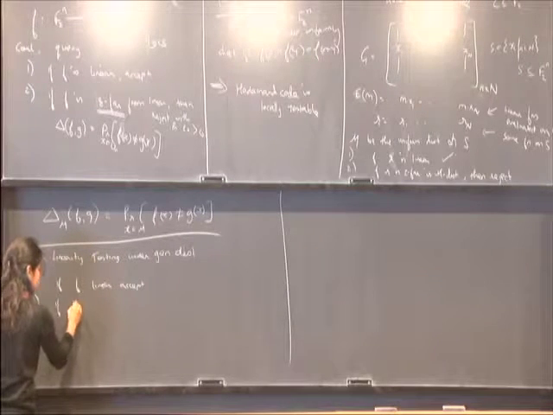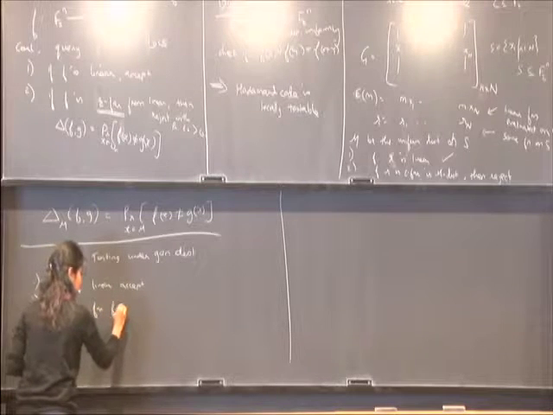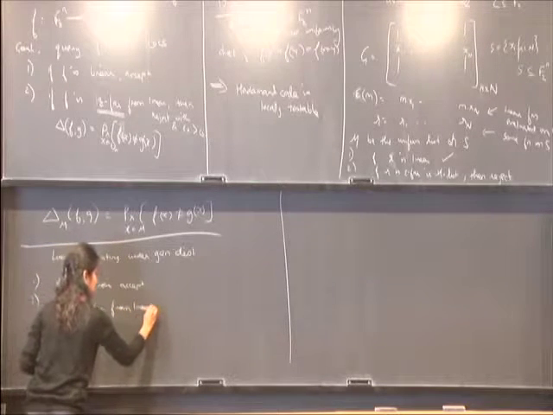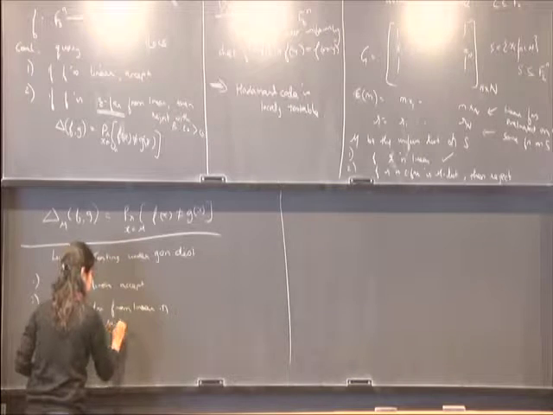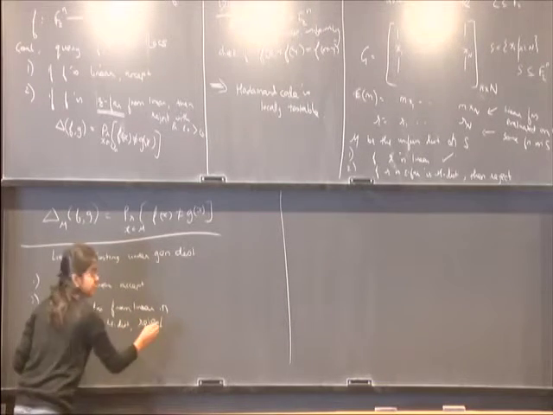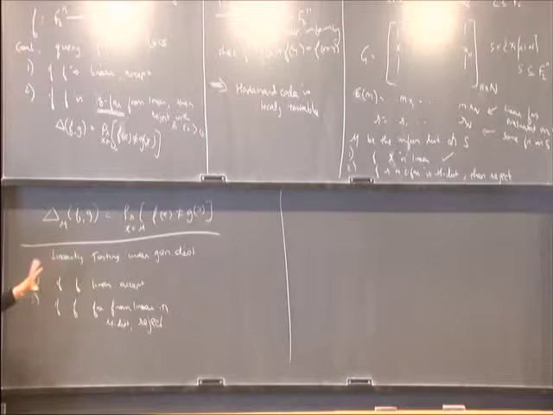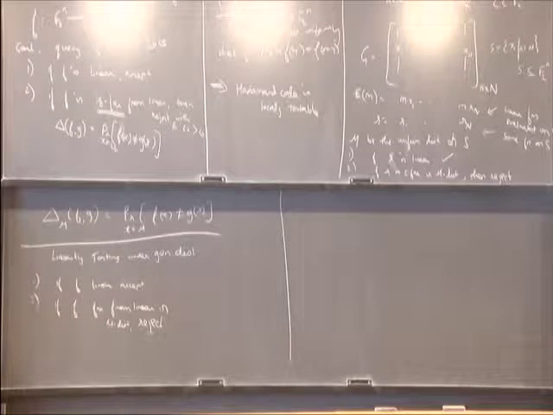If f is far from linear in the mu distance, then reject. So there's one problem with this definition, at least in the setting as we looked at it.